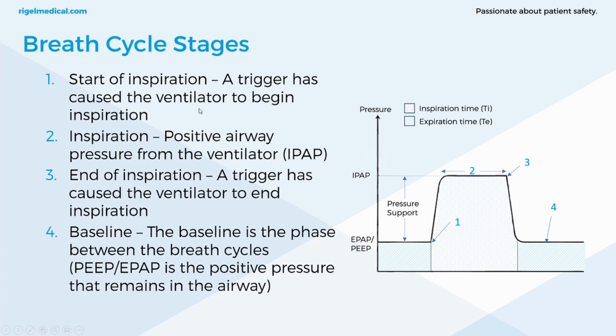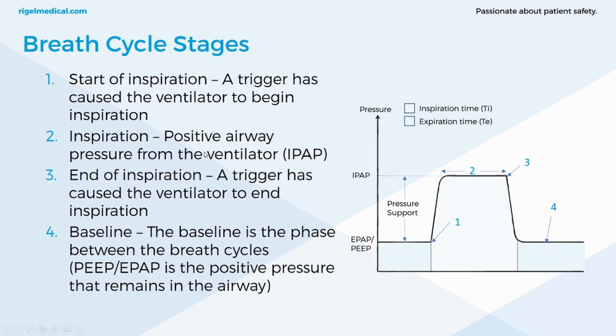But it could also be triggered by the patient wanting to take a breath, and this is a flow or pressure-based trigger. The ventilator could have detected a slight inhalation, and then the ventilator delivers another breath cycle.